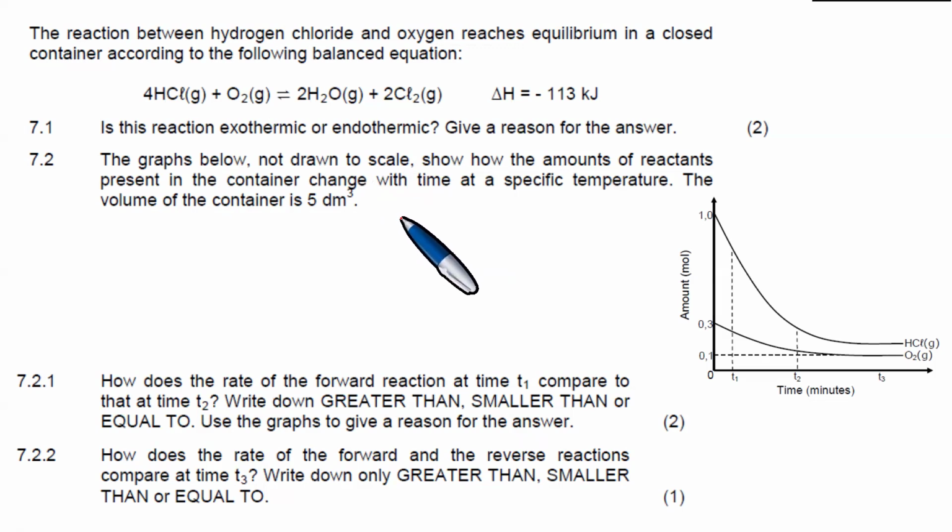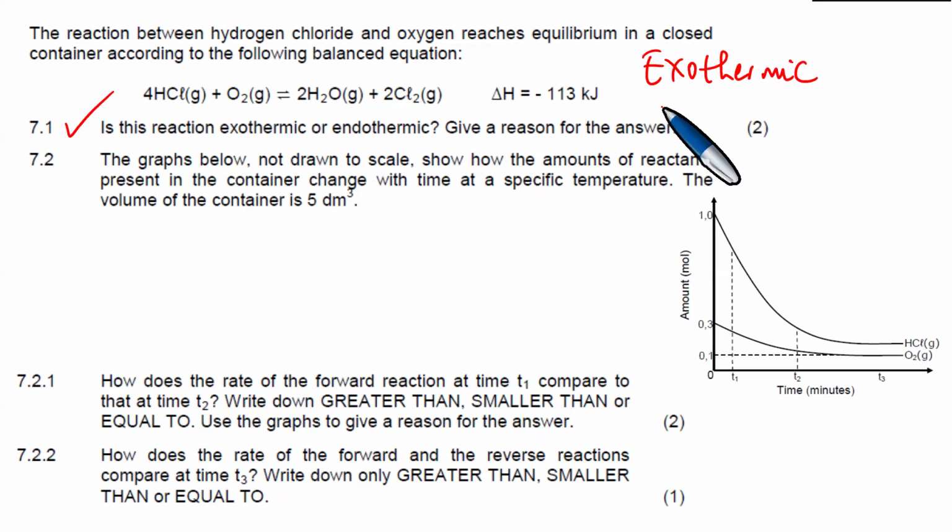I know that this one is way too easy, and the immediate observation is that it is exo. We're looking at 7.1. It is exothermic. Why? That means that the heat of reaction is negative.